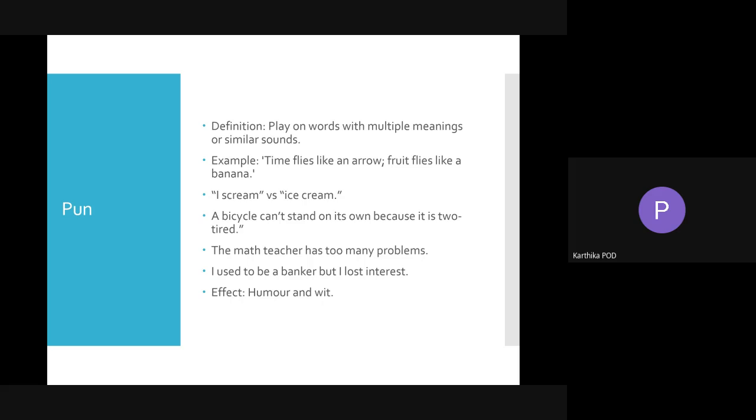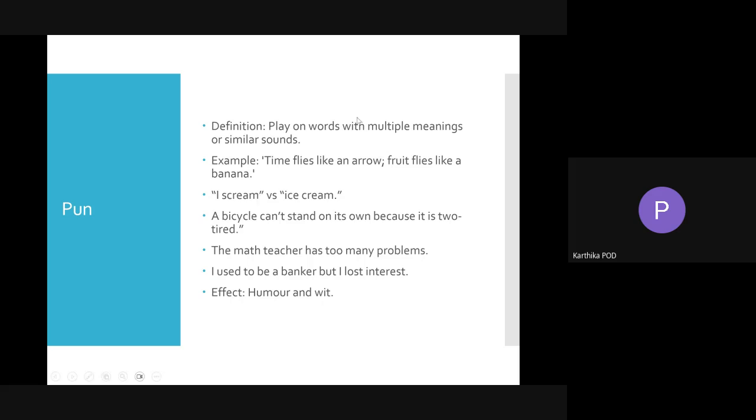Generally, when we say time flies like an arrow, we mean that time is flying, where fly is a verb. But to make this sound humorous, someone is saying fruit flies, and this fly is not the verb fly but the noun fly, that is the insect, fruit fly insect. Fruit flies like a banana.